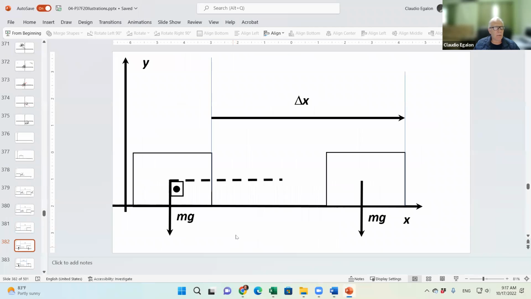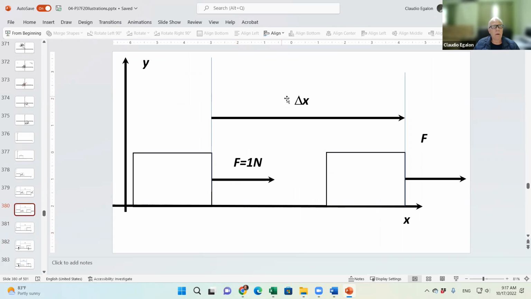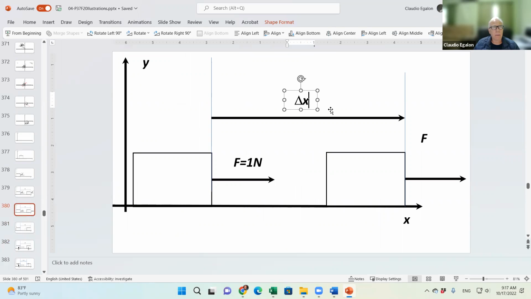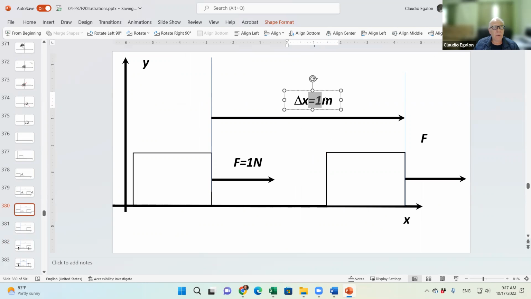In this example that you see, let me give you an example. Here you go. We have this situation here. The delta X here is what? In the example we did, it is 1 meter. The work done by this force F during the displacement is going to be 1 joule.